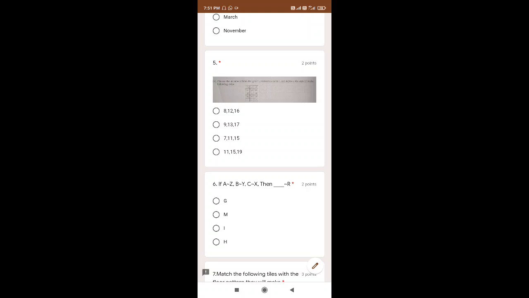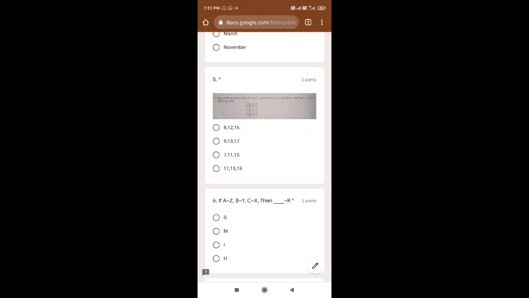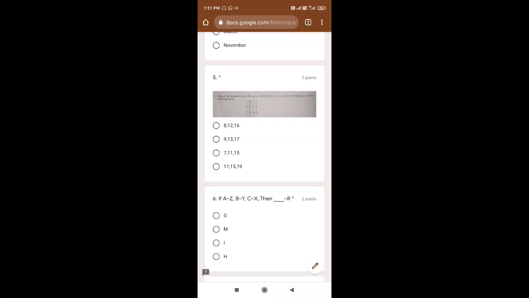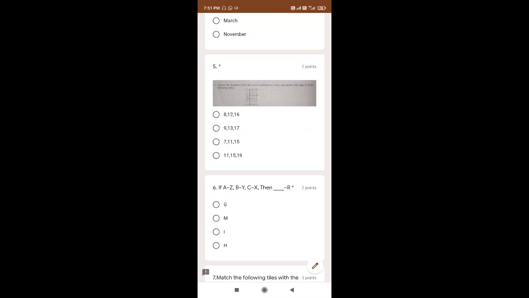Observe that in column 1 the numbers are decreasing by 4. 21 is 4 less than 25, then 17, then 13. So the next number will be 13 minus 4, that is 9.